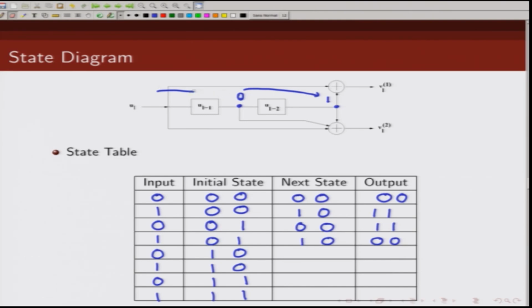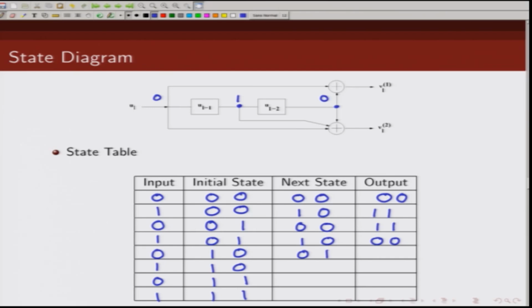Now, let us look at another case. So, next you have initial state 1 0. So, initial state 1 0, if the input is 0, then the next state will be 0 1, and what is the output?